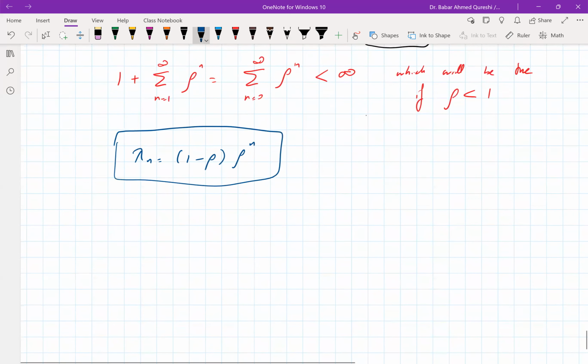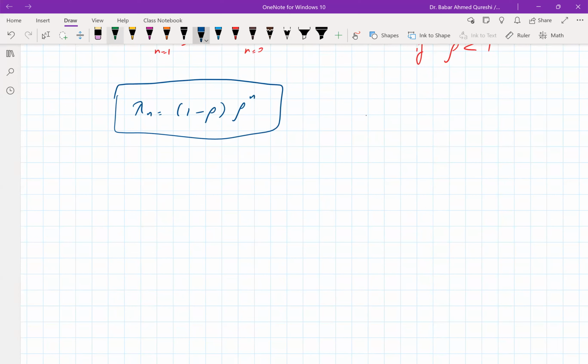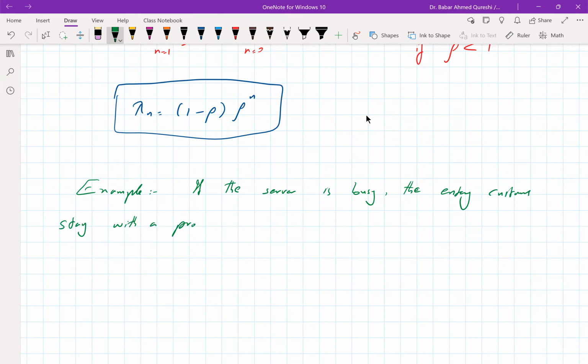For example, you can say that there is a certain probability that if the server is busy, the entering customers stay with the probability q.